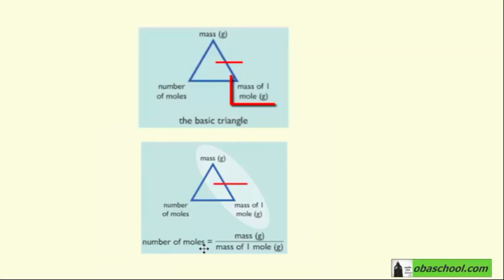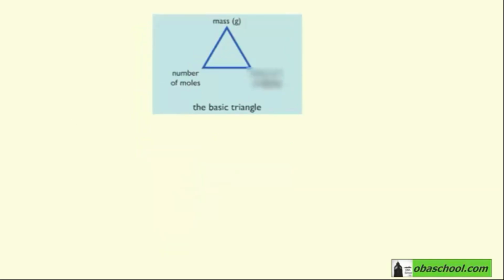Now, how to obtain the mass of 1 mole? Also, I draw the basic triangle and put the number of moles and mass in the right place. And now, I hide the mass of 1 mole, and I'm left with the mass and the number of moles.